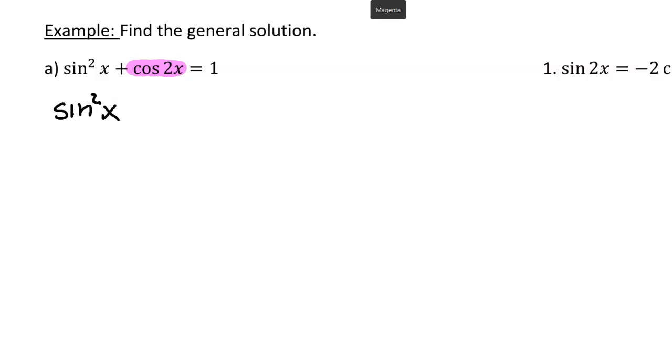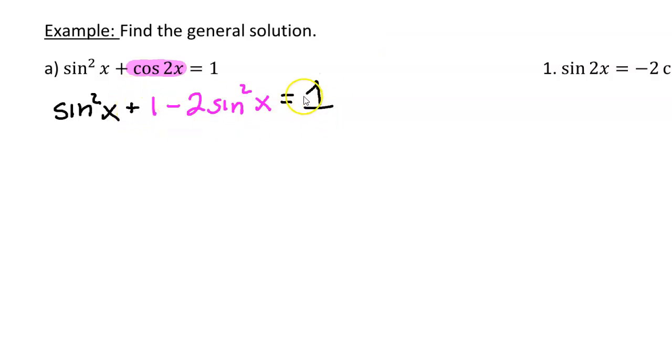Cool. And you would come up with probably 1 minus 2 sine squared, which you can get off your formula sheet. You chose that because there's already sine squared, so keep them all the same. Good idea. Let's do a little simplifying.